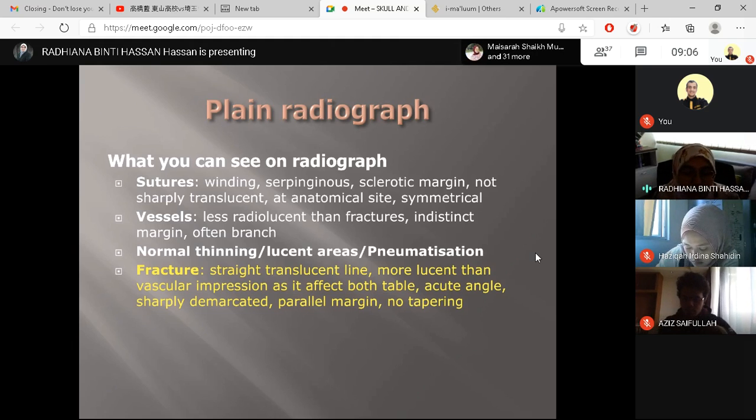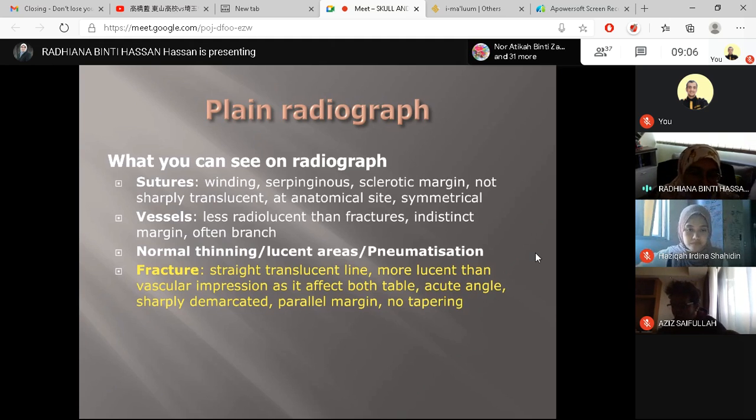And then normal thinning or loosened areas in the skull. Of course, fracture is one of the indications to do skull radiograph. So you have to know how a fracture looks on skull radiograph, and of course how to describe fractures, and the difference in description between fracture and sutures.